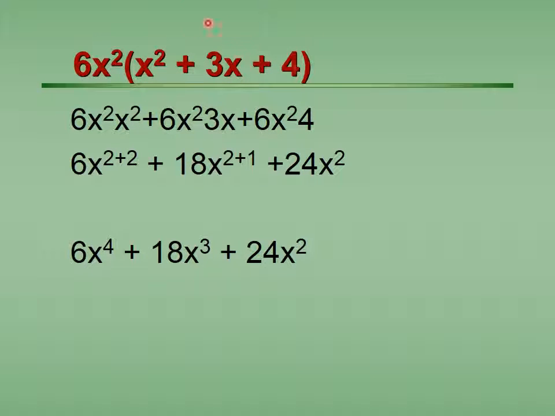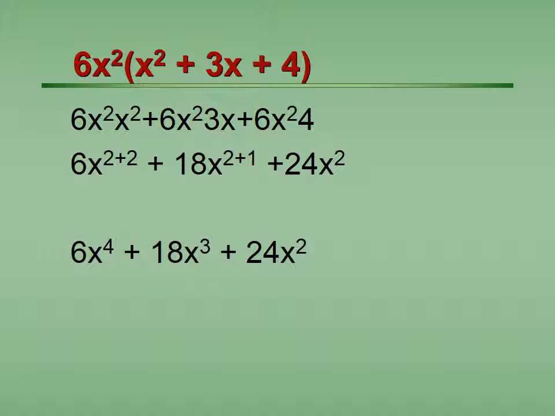Next example. On this one, we have to distribute the 6x squared to every term. So 6x squared times x squared, 6x squared times 3x, 6x squared times 4. And then let's go ahead and simplify.